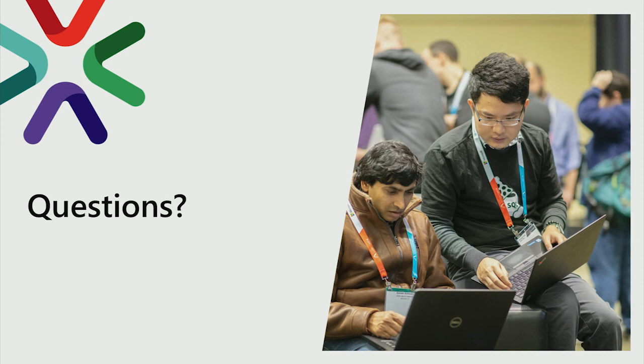Okay? Yes, please. How do the security settings, the sensitivity settings, align with the data source security of Power BI, like organizational, public? Okay, so I'll repeat that. How are the sensitivity labels aligned with the Power BI security? This is a very good question. The sensitivity labels are not enforced in Power BI.